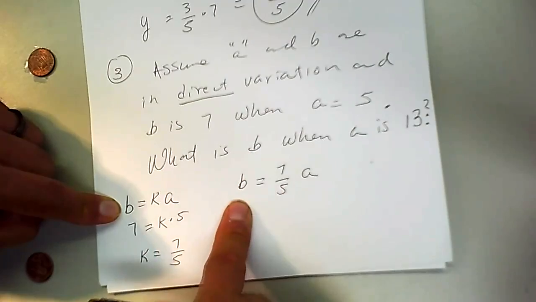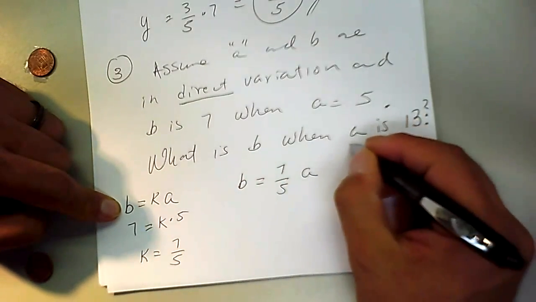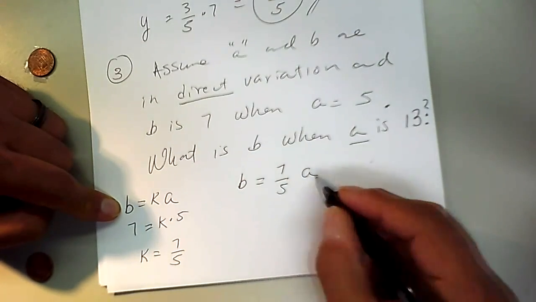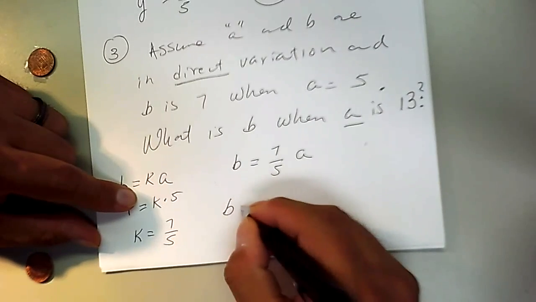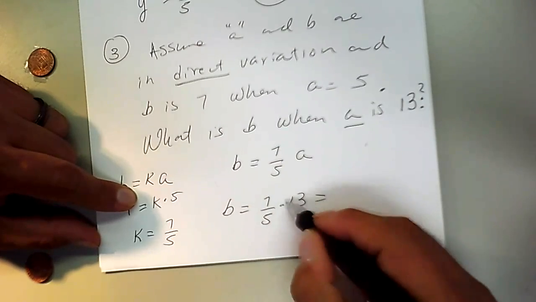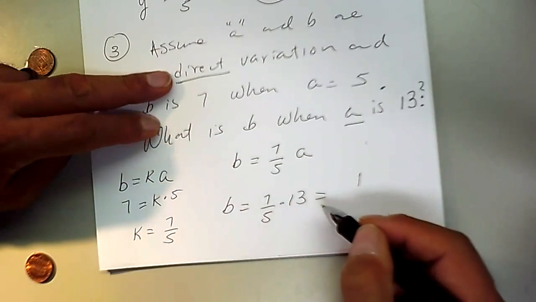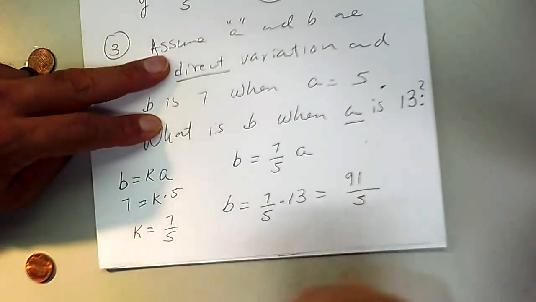What is b when a, the letter a, is 13? So all we have to do is plug in 13 here, and so we have b equals 7 over 5 times 13, and let's multiply that out. 7 times 3 is 21, carry 2. 7 times 1 is 7, 8, 9, 91 over 5.